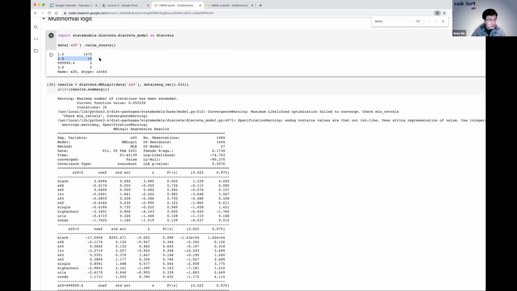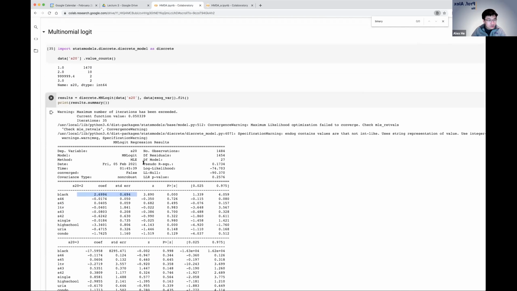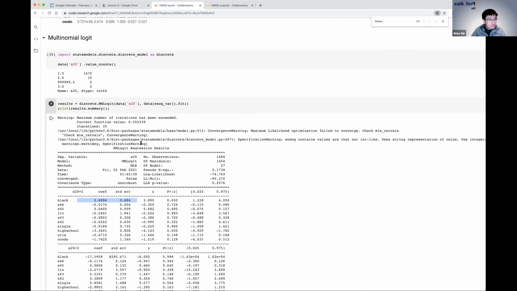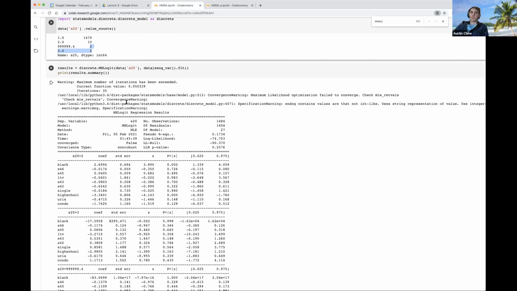So I guess black is more likely to be in 2 family units. But that's really a very small number, right? There are only 10 of them, and only 2 of the other categories. So it's hard to say how precise these effects are. When you get into 3 and 4, one thing I noticed was that education starts to get significant, or high school.